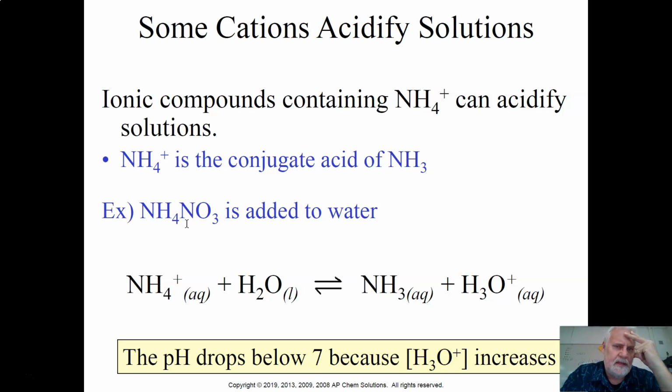And it was kind of mysterious to them as to why when I took a salt and dissolved it in water, why that would change the pH. As a matter of fact, the pH dropped.